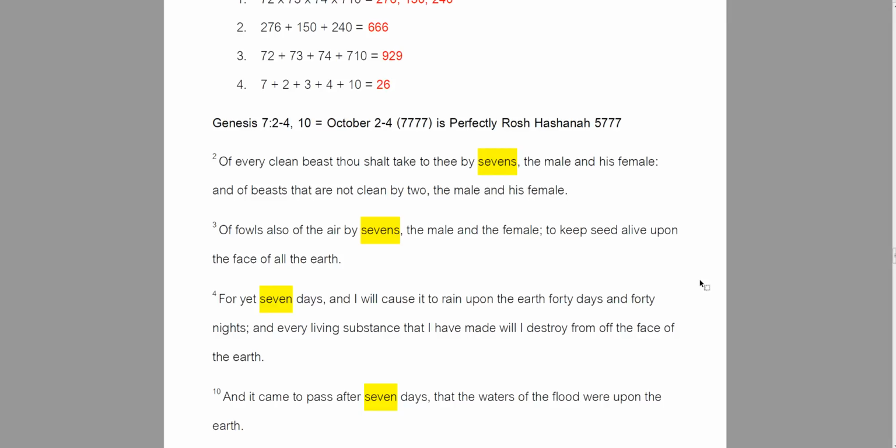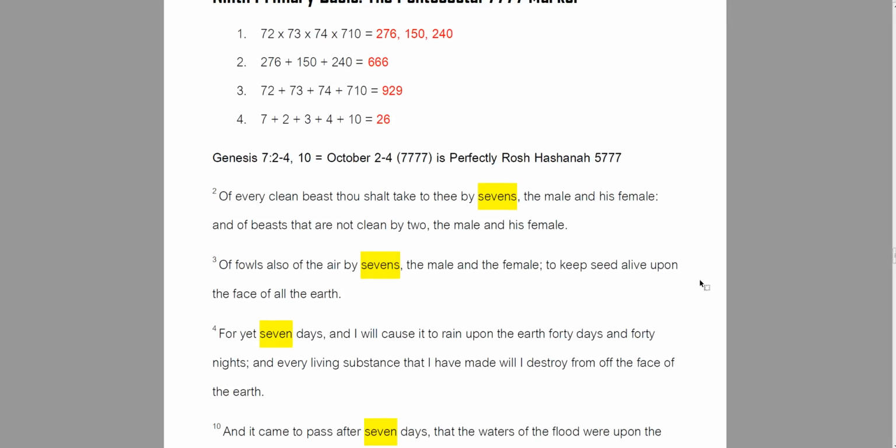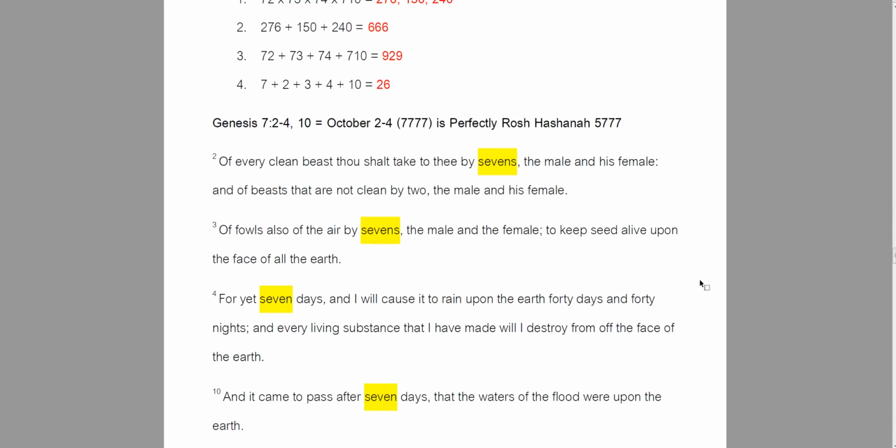Well, Rosh Hashanah could also be seen as September 24. That's not a problem at all. But it's also October 24. Who knows if God uses both timings. But definitely in here, this chapter is showing that October is very important, especially October 24.